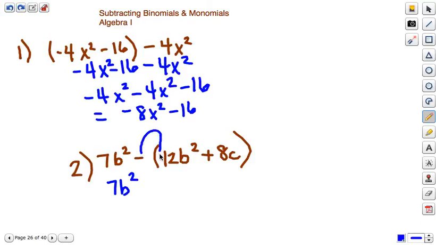So we need to put it in front of this and in front of this 8c. So we have 7b squared minus 12b squared, and then we have a minus 8c.